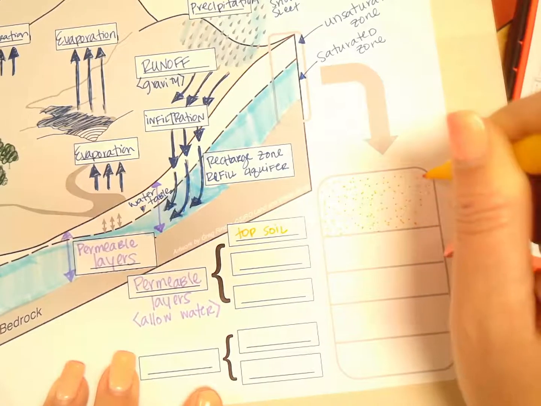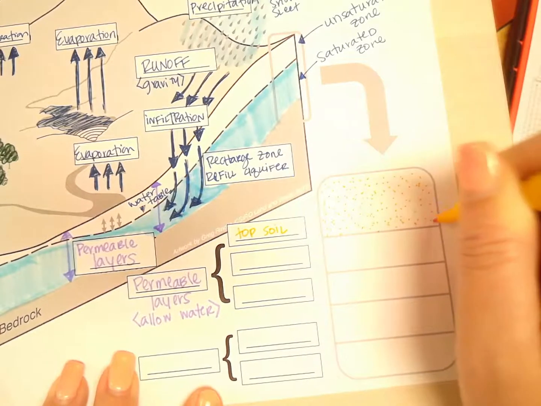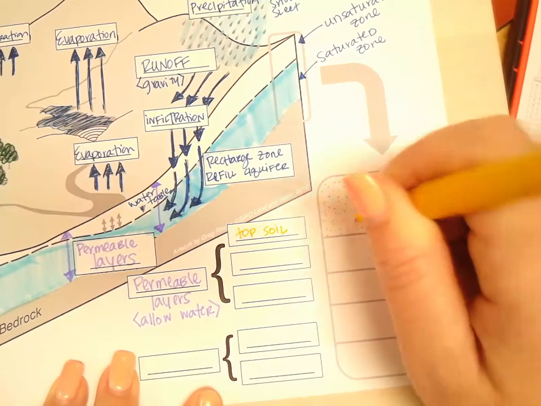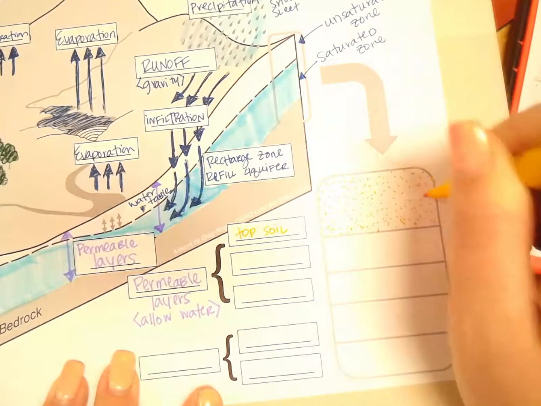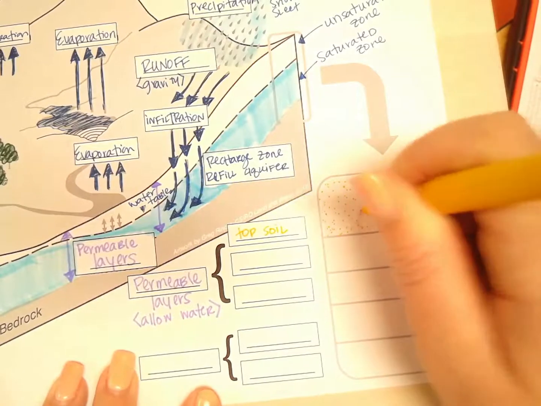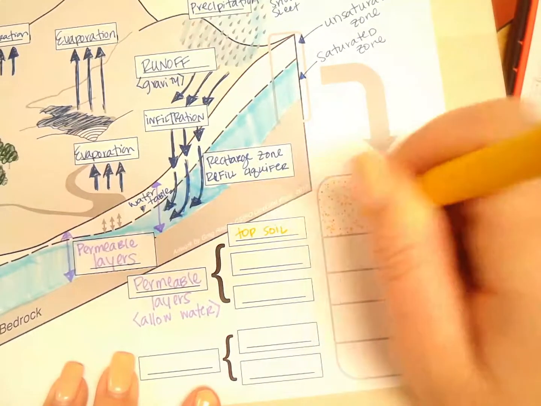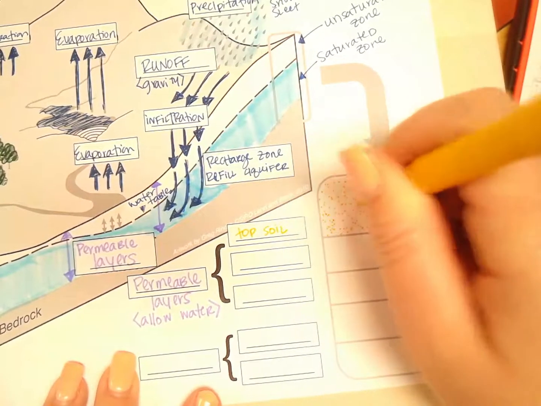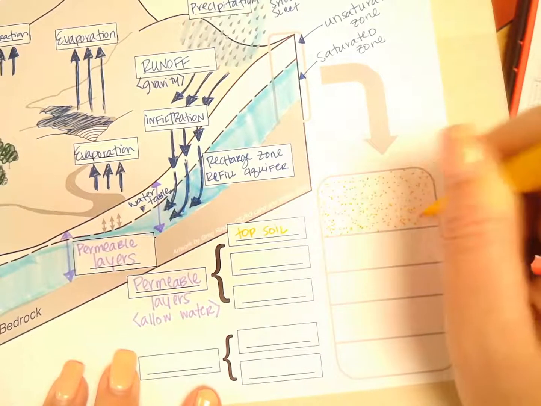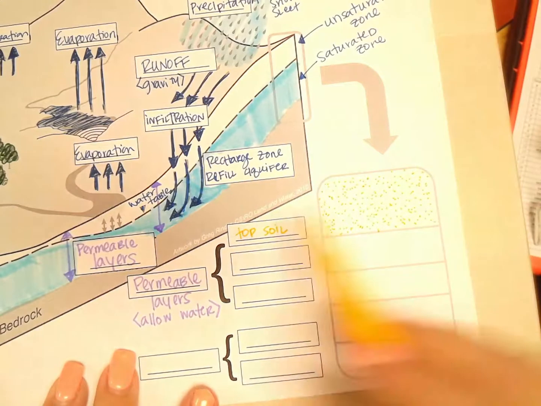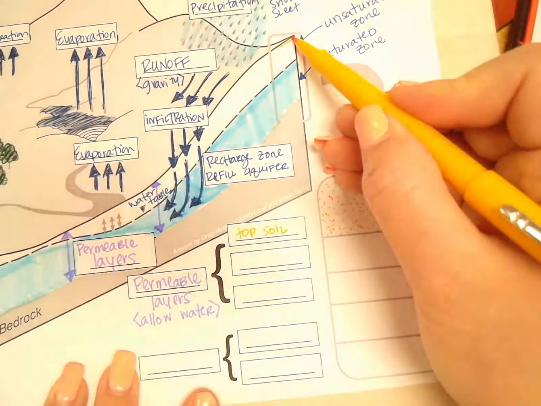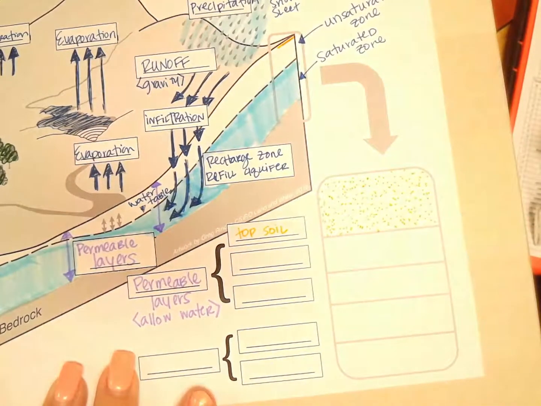And you know this because sometimes the water doesn't even soak into the soil for a little while. It runs off the surface, right? So these are small particles of soil. And you can shade this in and use your pencil to make the dots if you can't see your dots with whatever you're using to write. Okay, so this is that very top layer, our topsoil layer, right?